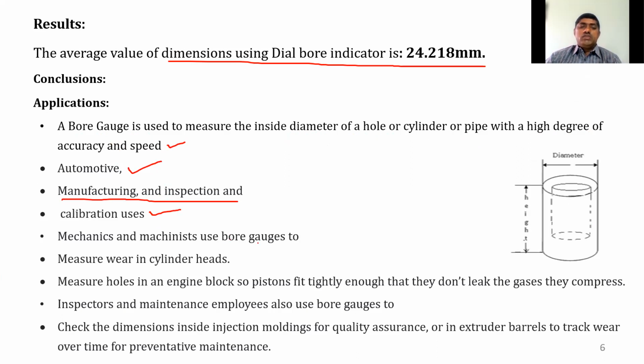Mechanics and machinists use bore gauges to measure wear in cylinder heads and holes in an engine block so pistons fit tightly enough that they don't leak the gases they compress. Inspectors and maintenance employees also use bore gauges to check the dimensions inside injection moldings for quality assurance, or in extruder barrels to track wear over time for preventive maintenance.